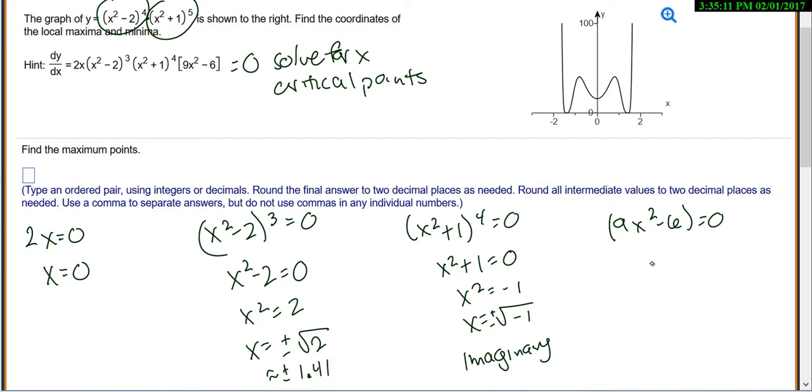And 9x squared minus 6 equals 0. 9x squared equals 6. x squared equals 2/3. x equals plus or minus the square root of 2/3, or x is about 0.82.